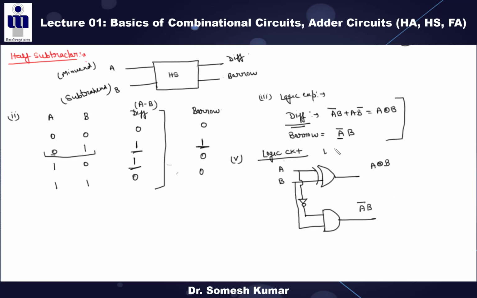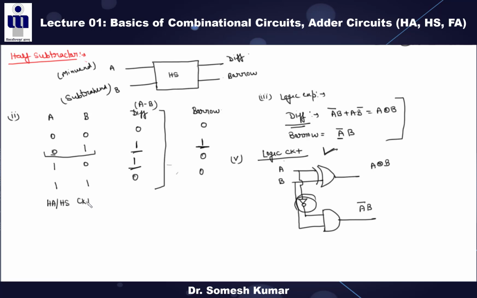This is the logic circuit for your half subtractor. The difference between the half adder and the half subtractor is only this NOT gate. And also with one control circuit, half adder and half subtractor.